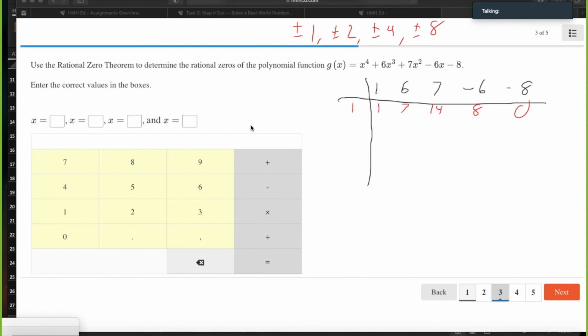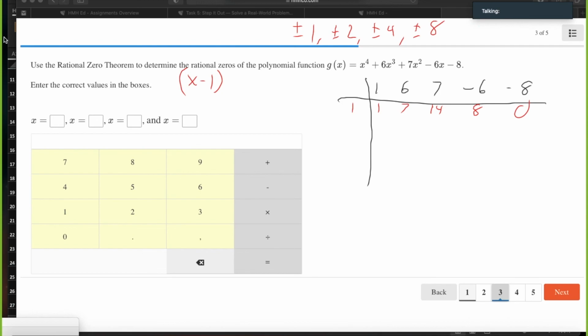So we know that x minus 1, because remember when we plug in 1, that has to equal 0, is one of our zeros.